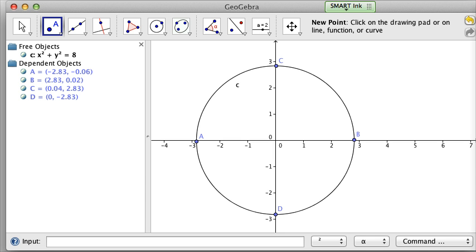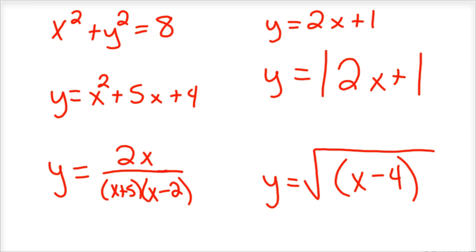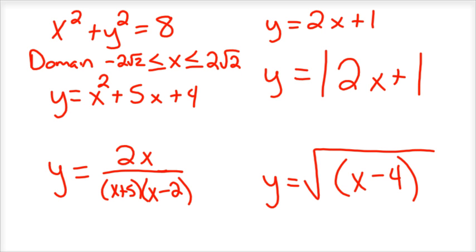So in our case, this relation is not a function. The domain is all real numbers from -2 root 2 to positive 2 root 2. And so that's the domain.